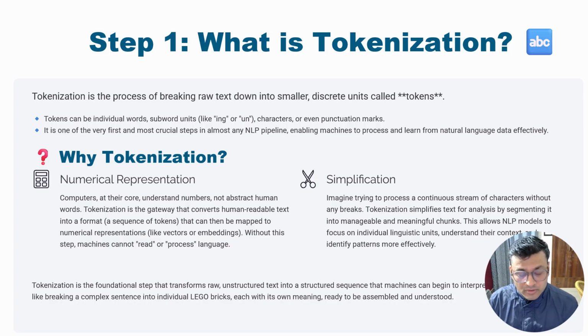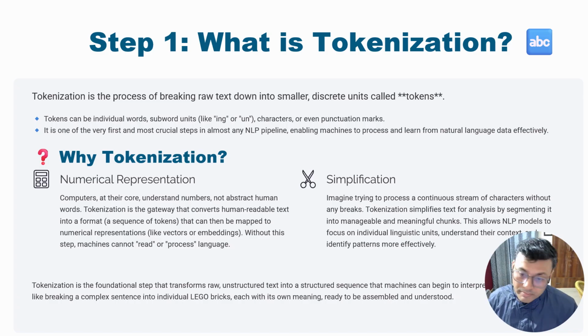So tokenization is the gateway that converts human-readable text into a sequence of tokens that can be further mapped to numerical representation. In a layman's form, computers can only understand zeros and ones, the binaries, that means numbers, and the same happens with NLP. That is what we call numerical representation under the hood of tokenization. Without this step, machines cannot read or process languages.